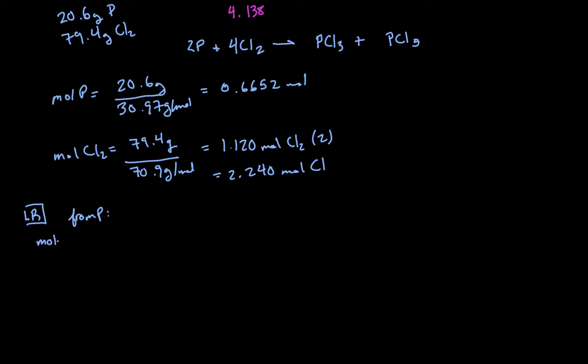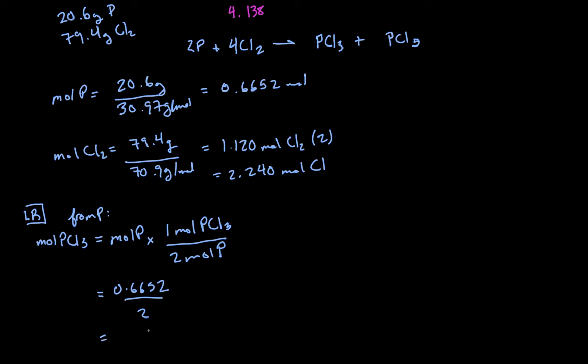Moles of phosphorus trichloride is equal to moles of phosphorus, and we have 2 moles of phosphorus per mole of PCl3 that we make, so we cancel our units of moles P. This is 0.6652 divided by 2, which gives us 0.3326.